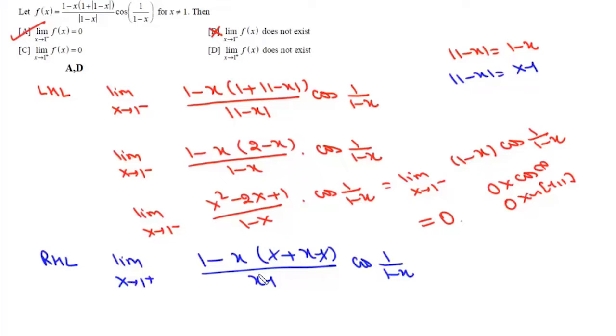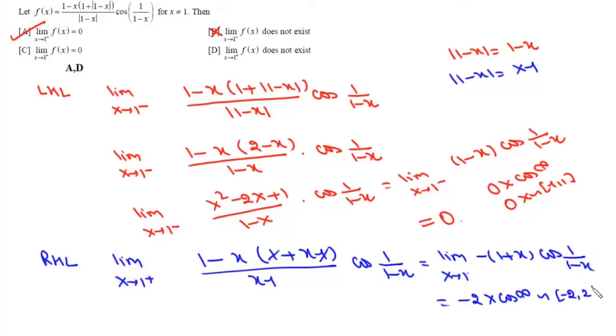Now this is 1 minus x square, so we can write this as the limit x tends to 1 positive of (1 plus x) into cos(1 upon 1 minus x), which is 2 into cos infinite, which is an oscillating value from minus 2 to plus 2. And since this value is oscillating, this limit does not exist. So this right hand limit does not exist. So the correct options are A and D.